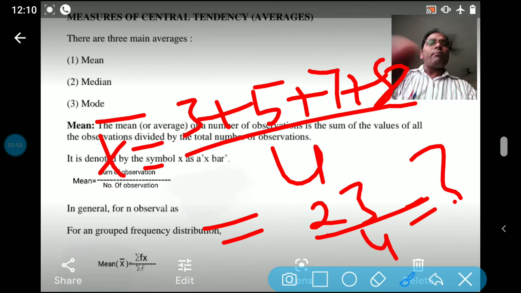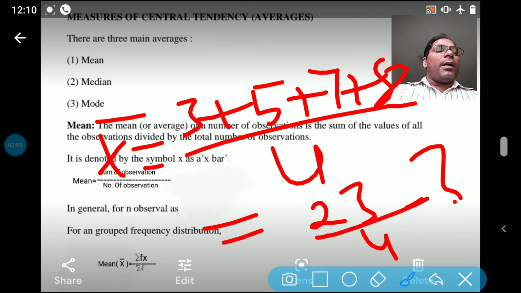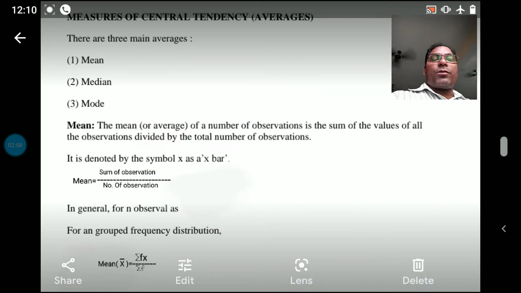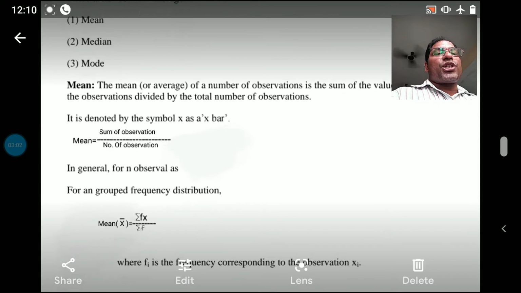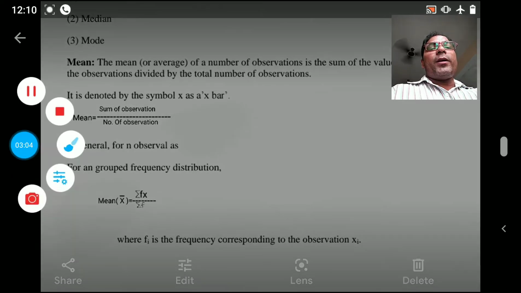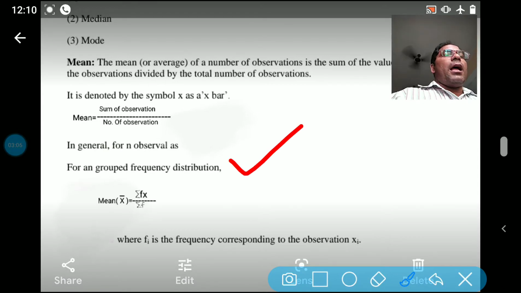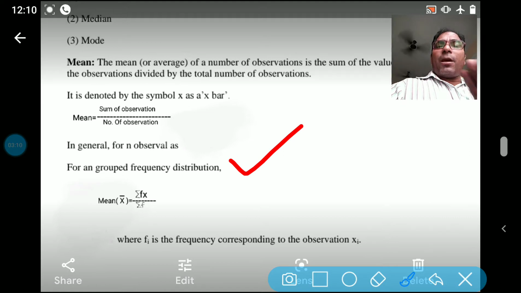Next, the direct method to find the mean. The next formula is also given. For a grouped frequency distribution, suppose a frequency table is given. In the previous video I explained how to make the frequency table.